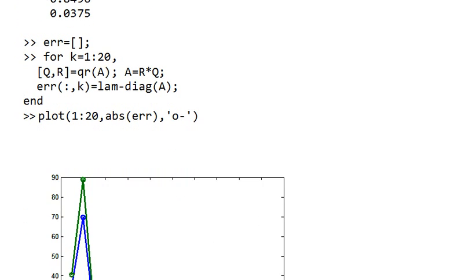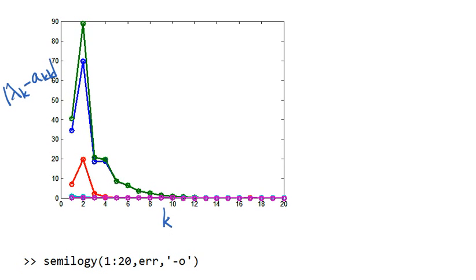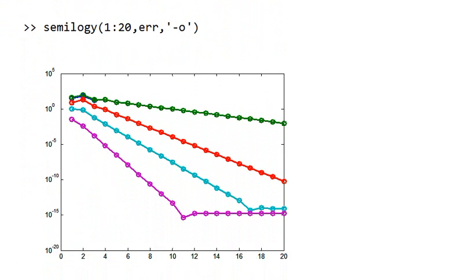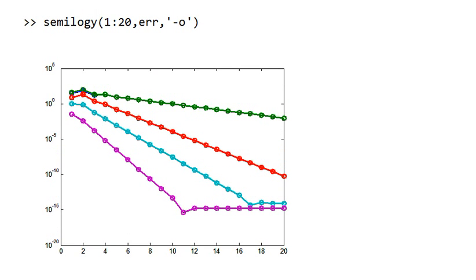If we plot the error as a function of the iteration number k, this is lambda k minus a_kk, we see in fact they do decrease. It's hard to see how fast they decrease, but if we use a log scale on the y-axis, we get this beautiful plot which reveals the very regular structure in the convergence. All right, so we'll talk more about this convergence rate and what it means.